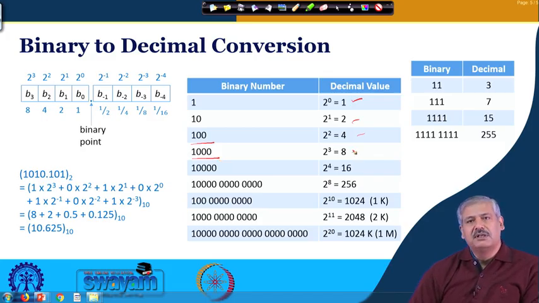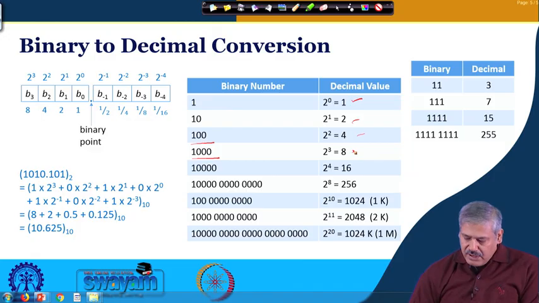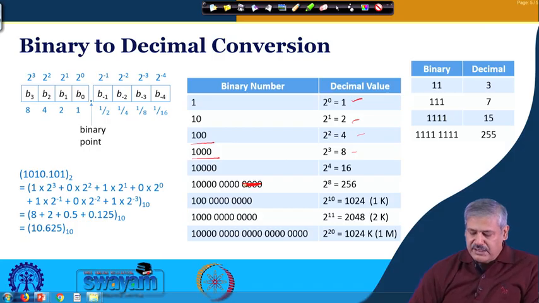These are some of the things that we will often encounter, and here we remember that this is 2 to the power 8, which is 256. When it is 2 to the power 10, it is 1024.